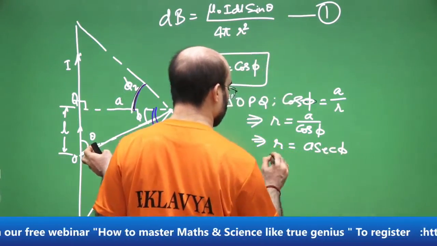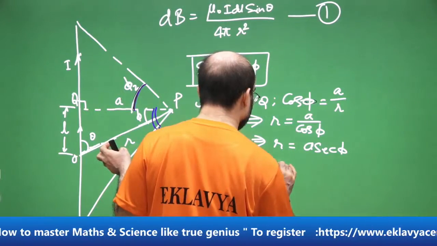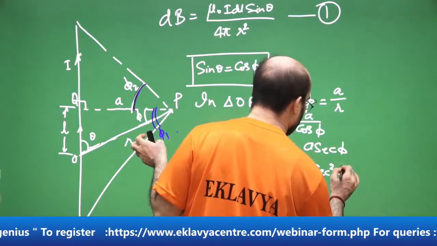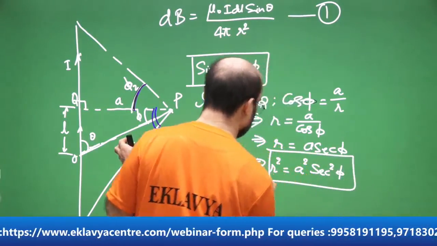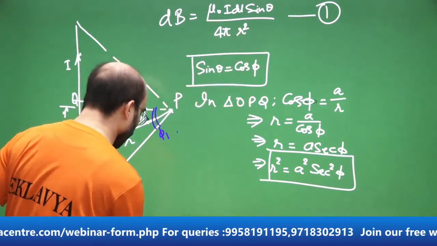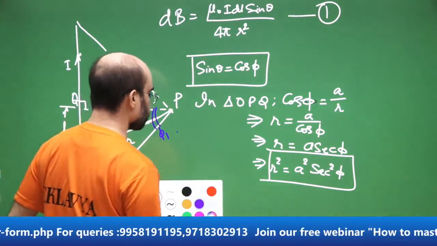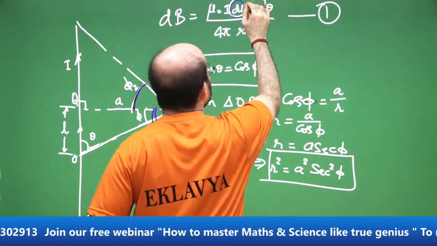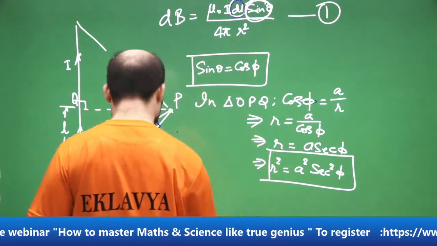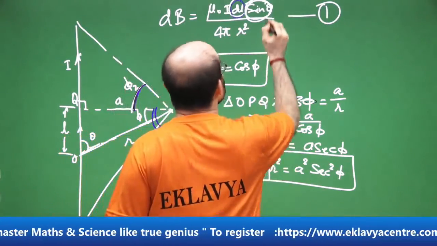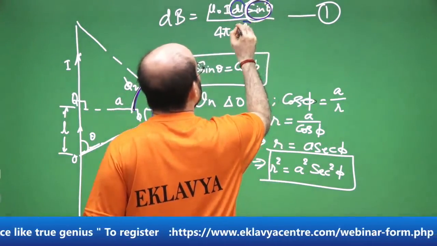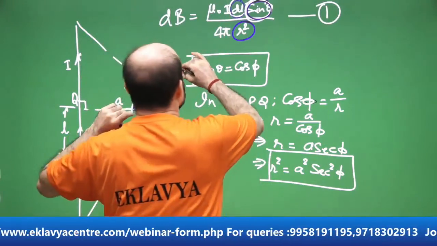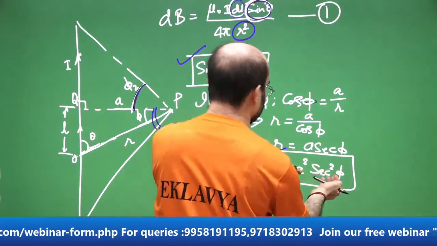So we have r square equals A square sec square phi. For dl, for sin theta and for r square, for these three we need to substitute.